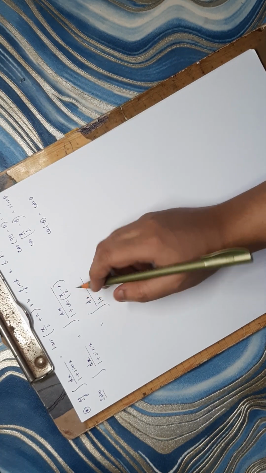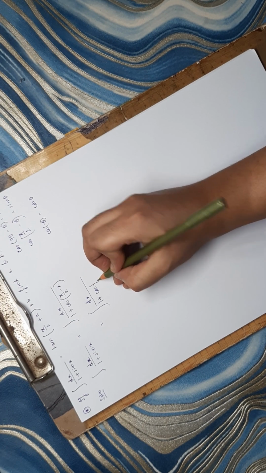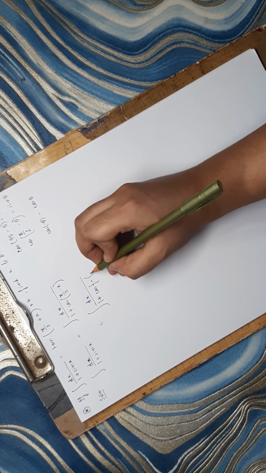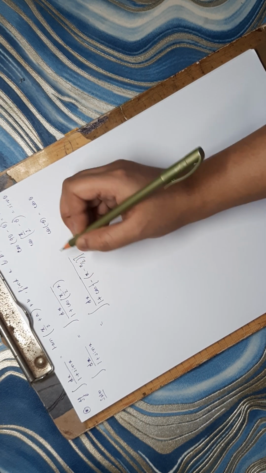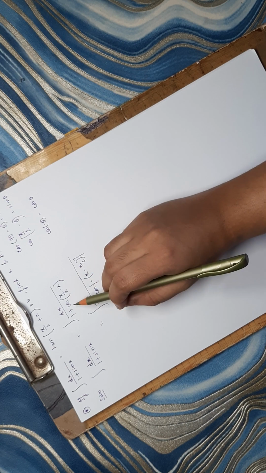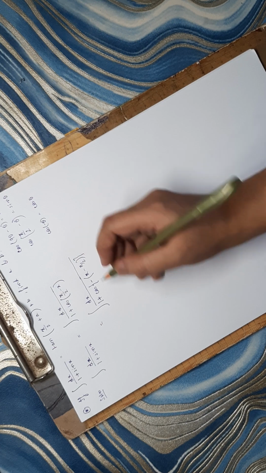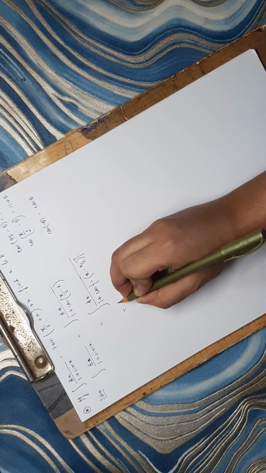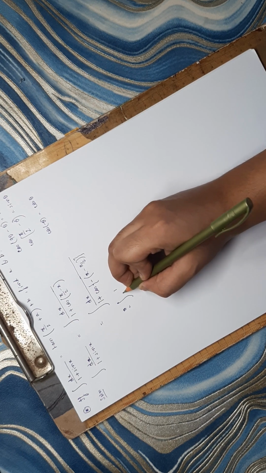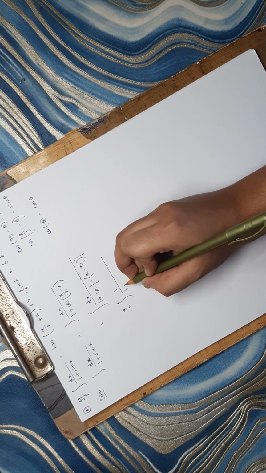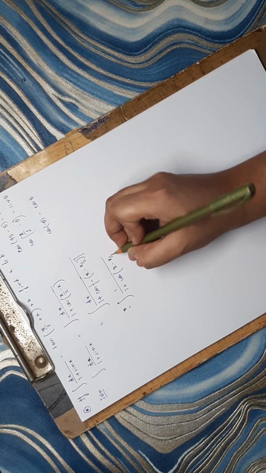So here what we will do is we will take a minus common, so that we can get this particular form. After taking minus common, this x will become plus and this pi by 2 will become minus, so that we can finally arrive at a form which is nothing but 1 divided by 1 plus cos of x minus pi by 2.